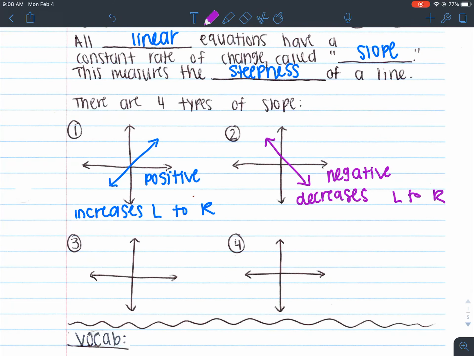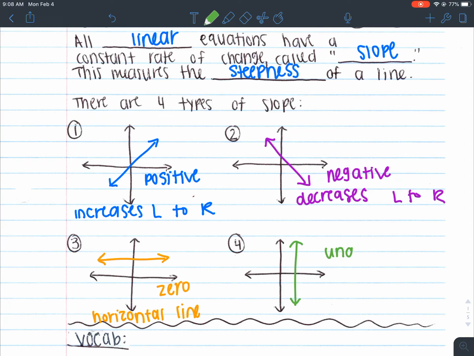Our third type of slope is one that looks like this. So it's straight across, and that is a 0 slope. So this is going to be a horizontal line. So if it is a flat horizontal line, it has a slope of 0. Okay? And then our final slope that we learn about is one where it goes up and down.